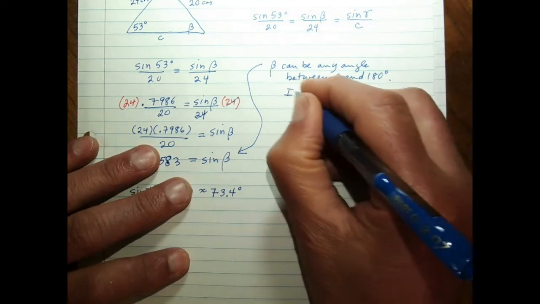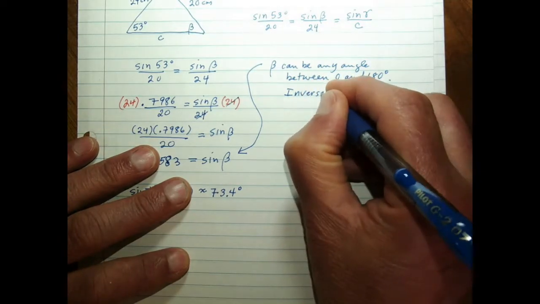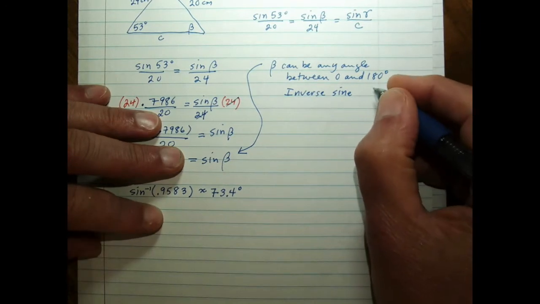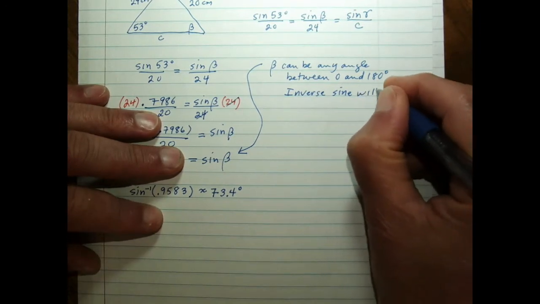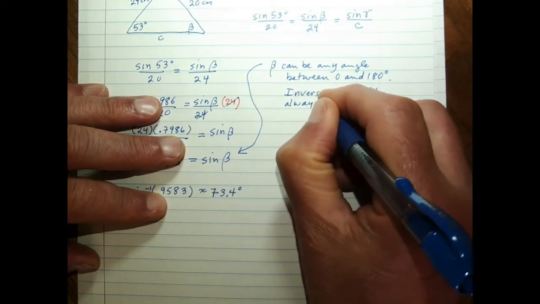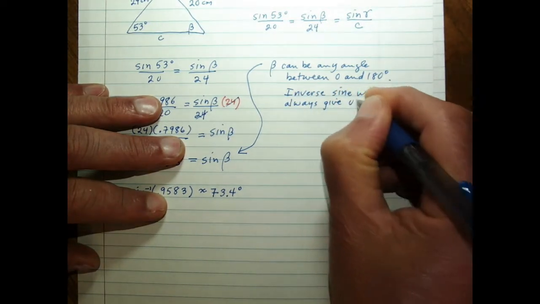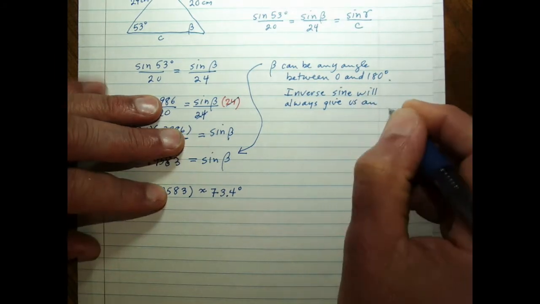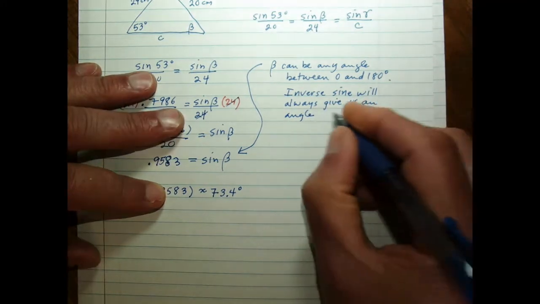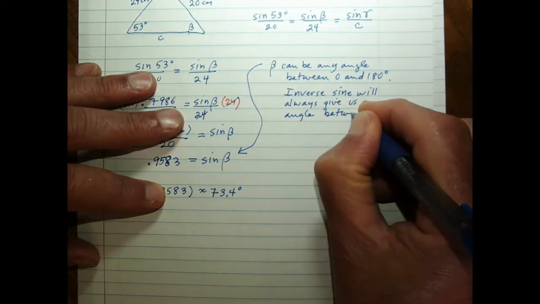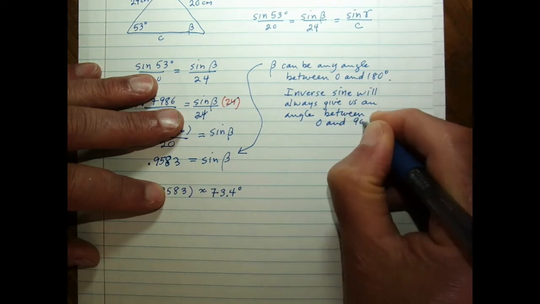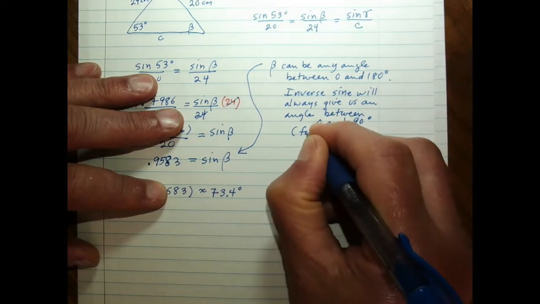Inverse sine will always give us an angle between 0 and 90 degrees for a triangle at least.